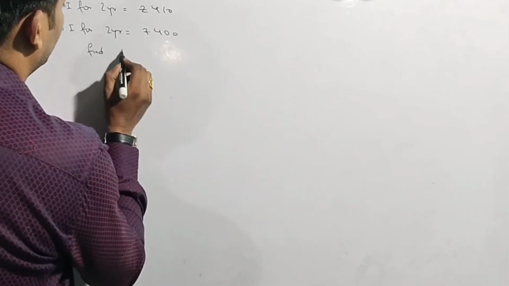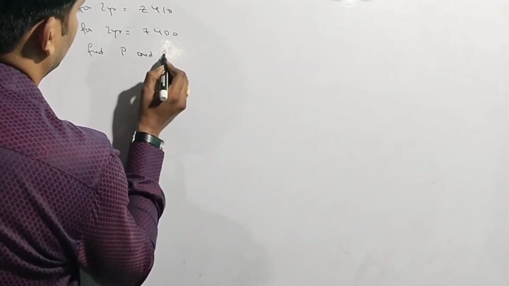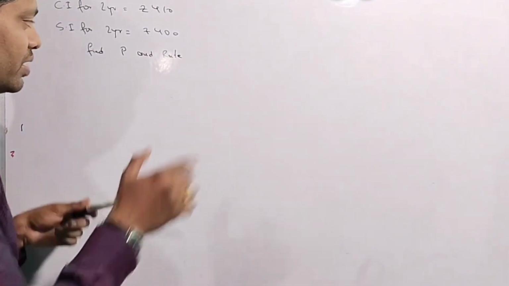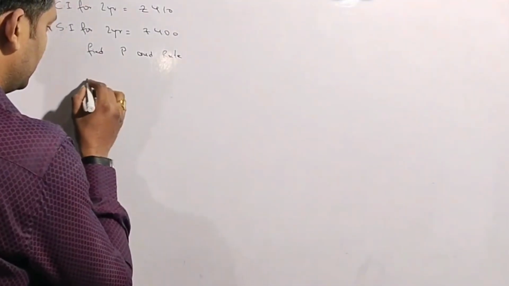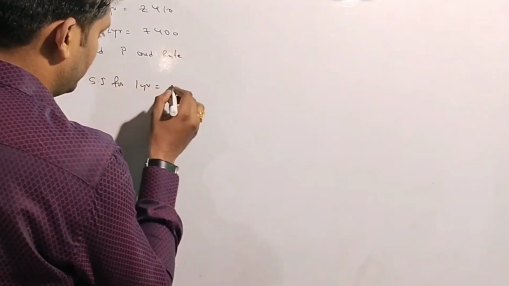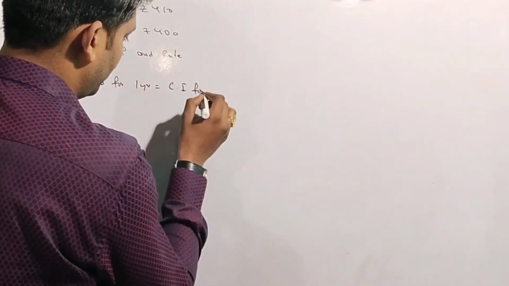Find the principal and rate. Time is the same. What I told you previously is that the simple interest in both cases will be the same in the first year. So we can write: simple interest for the first year equals compound interest for the first year.